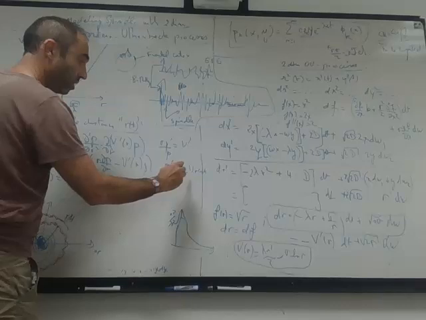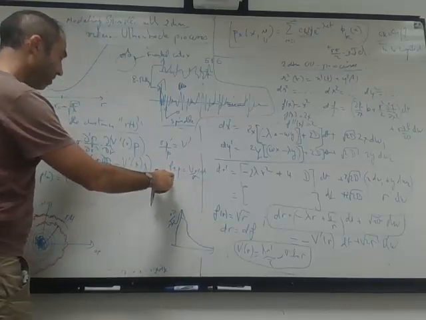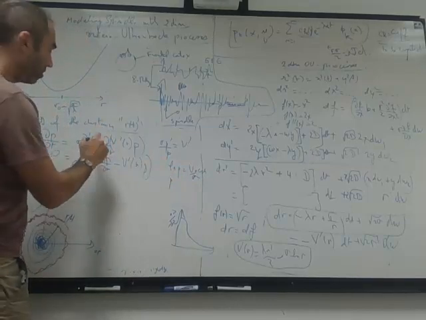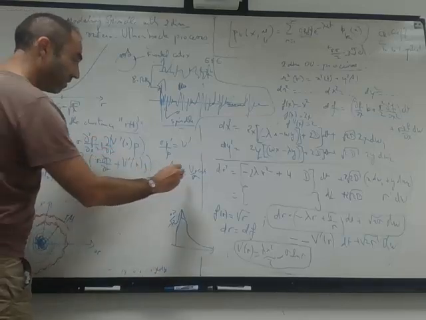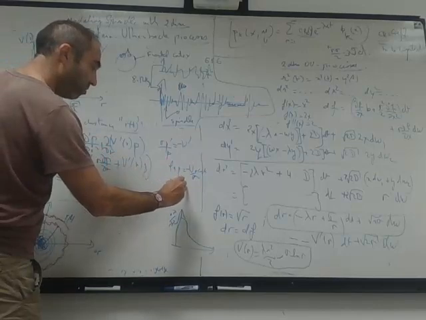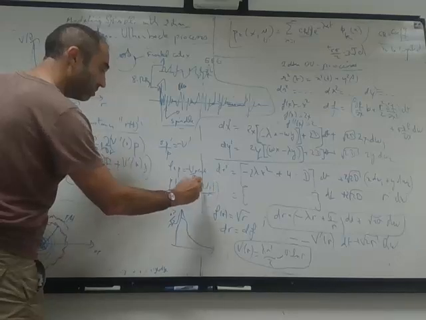So I divide by sigma, and so what I get here, yeah, sorry, this is minus, I'm sorry, there is a plus here. So I go in the opposite direction: p of r equals exponential of minus v of r divided by sigma, with a constant.